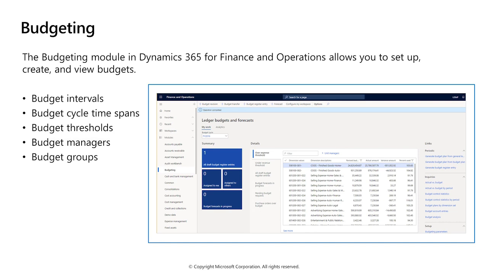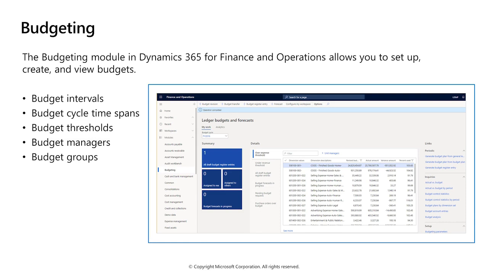Budget register entries can be created automatically when you are transferring budget to the general ledger from other modules such as Project management and accounting or Fixed assets. Finance and Operations can transfer fixed assets or demand and supply forecast budgets to the budget registers.